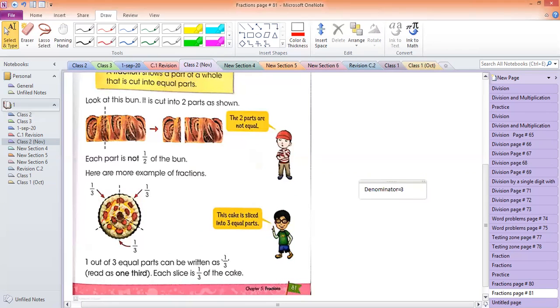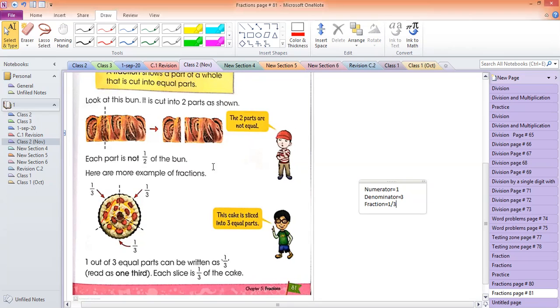If I want to eat that part and write its fraction, its numerator will be 1. So I know the denominator and numerator, I can write its fraction. Write the numerator first, then a slash, then the denominator. So it will be 1 over 3.